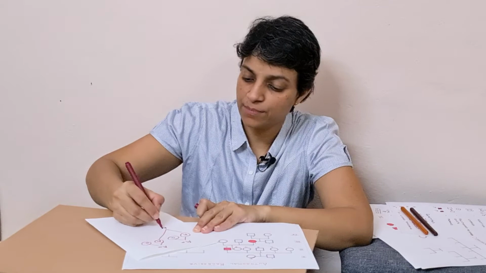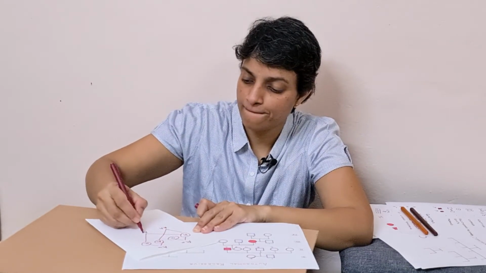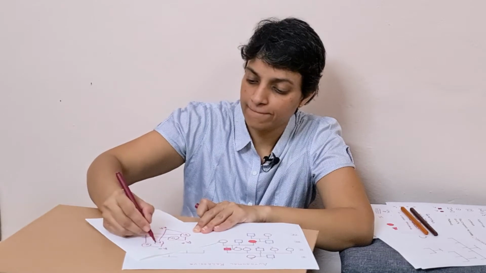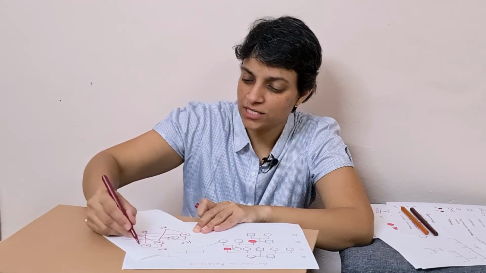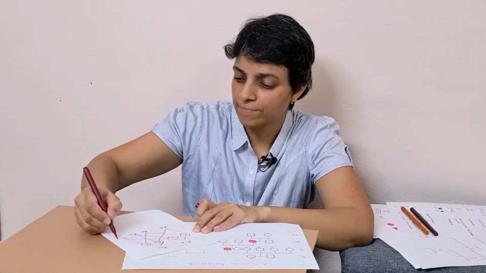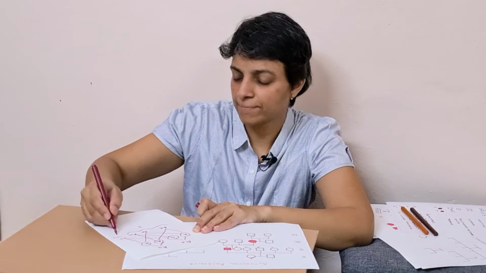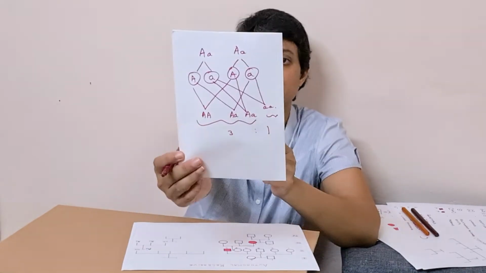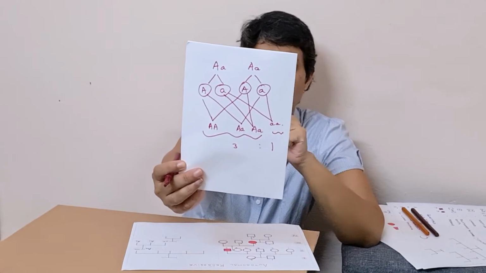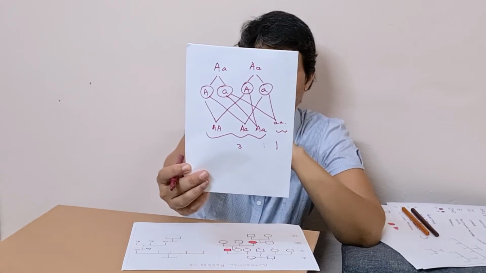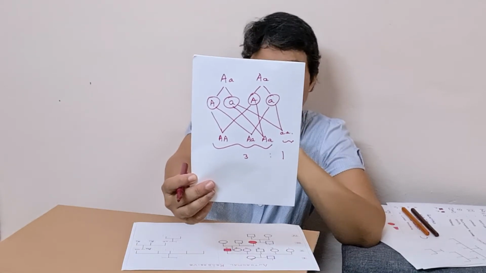It's capital A, capital A, capital A, small a, capital A, small a, and small a, small a. This is how it can show an individual with a recessive genotype if the parents are heterozygotes.